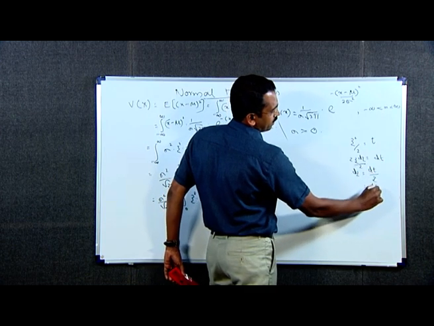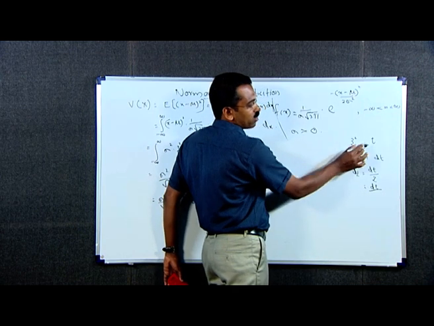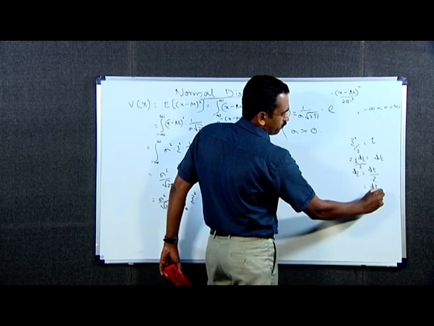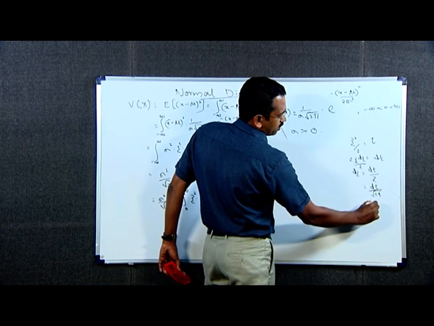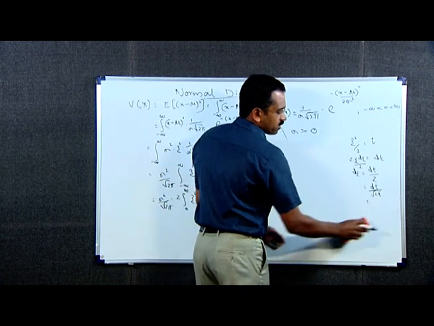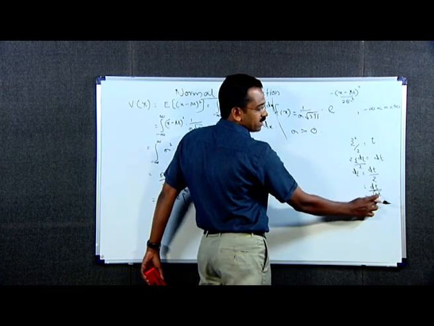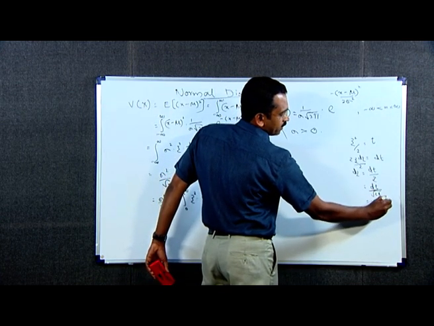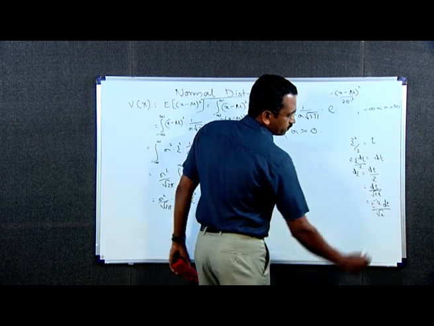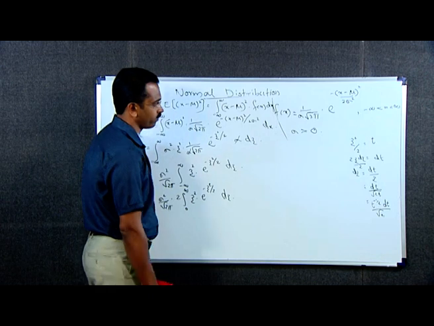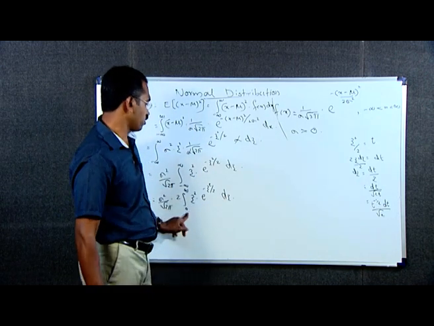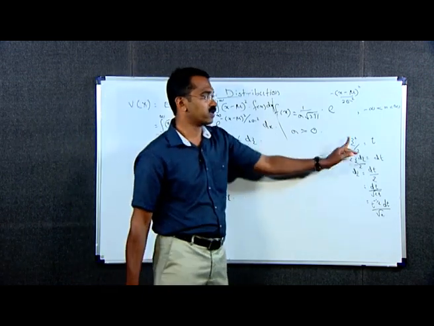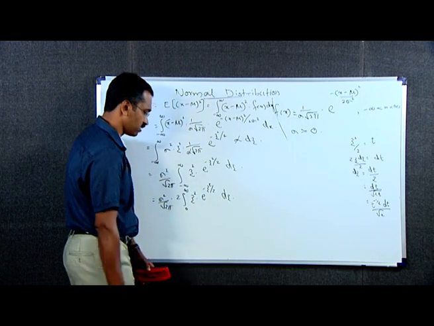Here z square equal to 2t means z is root of 2t, that is root 2 into t raised to 1 by 2. If we take it into the numerator, it is t raised to minus half dt divided by root 2. When z is equal to 0, t equal to 0, and when z is equal to infinity, t also is equal to infinity. That means the limits are the same.